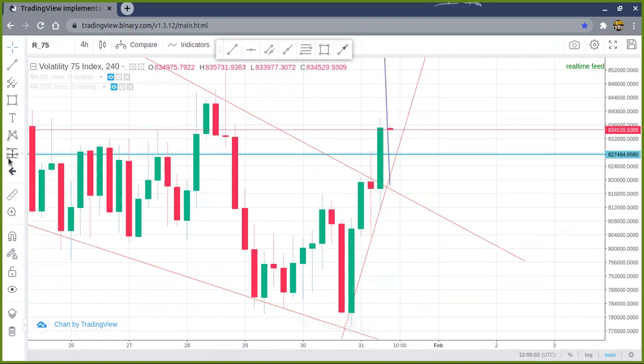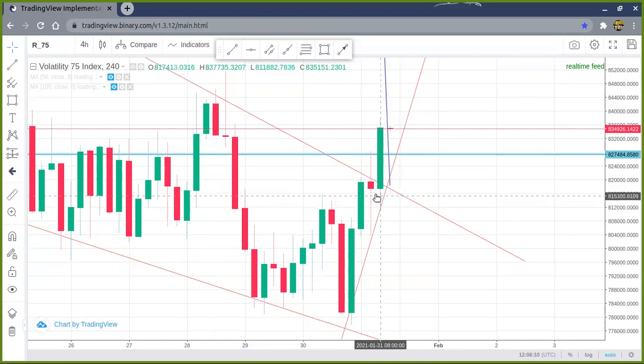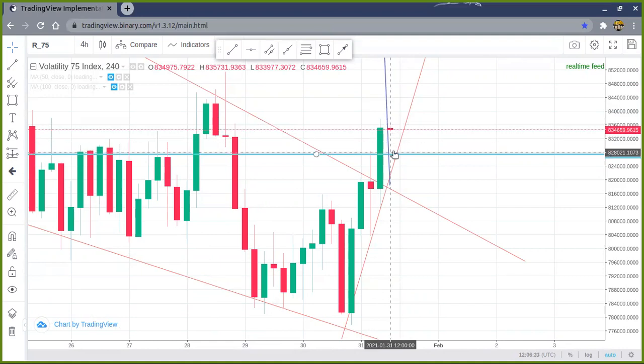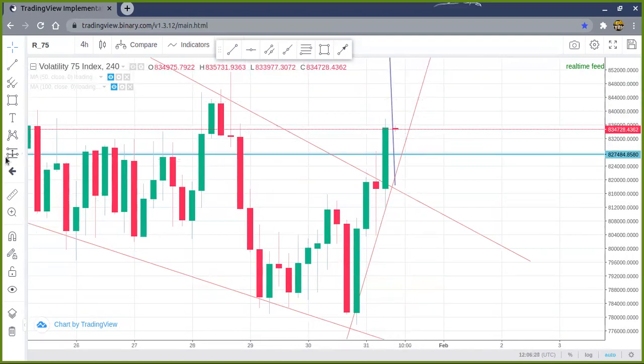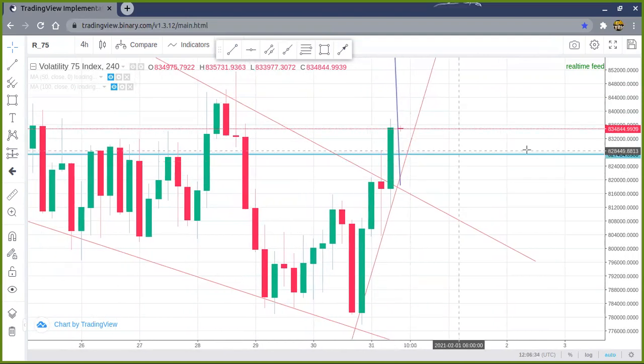So let's measure. There's a long position. So we can measure from here. Possibly this will move back here. So let's say the price moves back down here. You can measure from here.